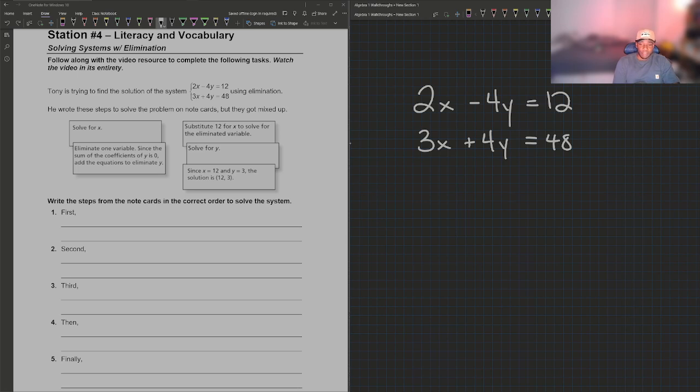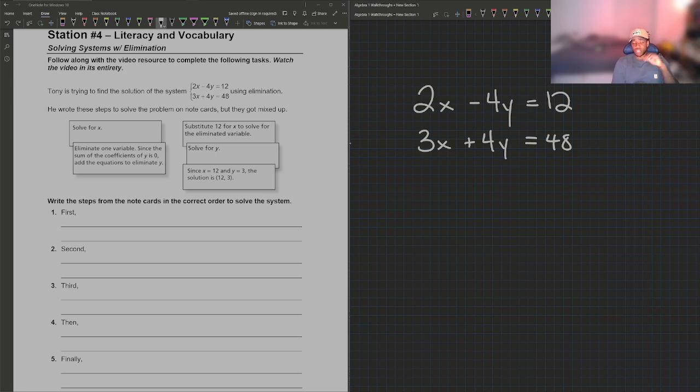I've written it on the side here so we can work it through and then figure out the appropriate responses to each of the steps we'll be performing to solve this system. Okay? So, Tony's trying to find the solution to the system as it reads there using elimination. He wrote these steps to help solve the problem on note cards, but they got mixed up. So we have to reorder these note cards so they read the correct steps in which you would take to solve this system.